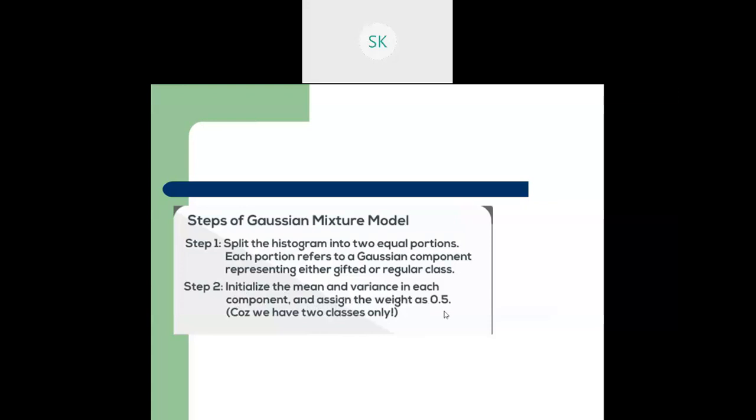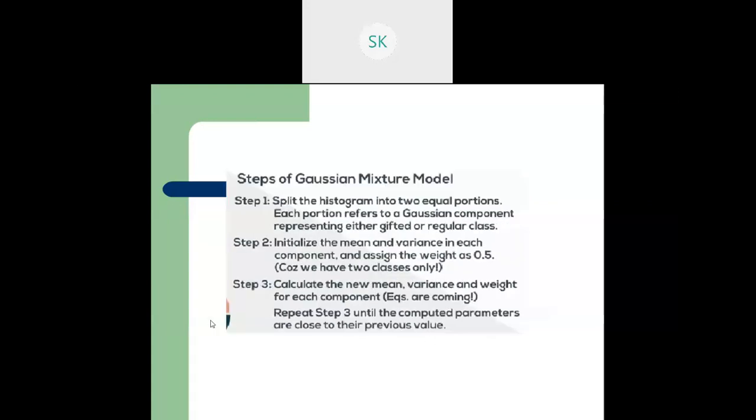In the formula, Wk was there, and K was 2 for us, with respect to the two classes, regular and gifted. So W1 is 0.5 and W2 is also 0.5. This is assumed because we have only two classes, so the weight is equal for each class.